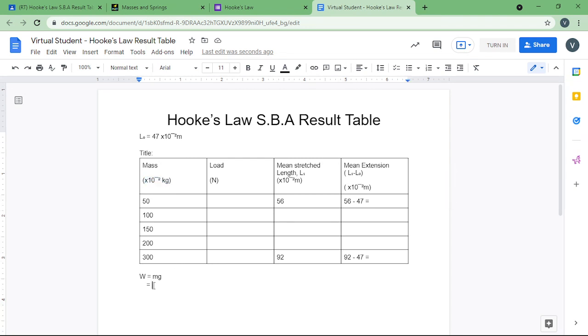That is 50 times 10 to the minus 2 kilogram, multiplied by 9.81.